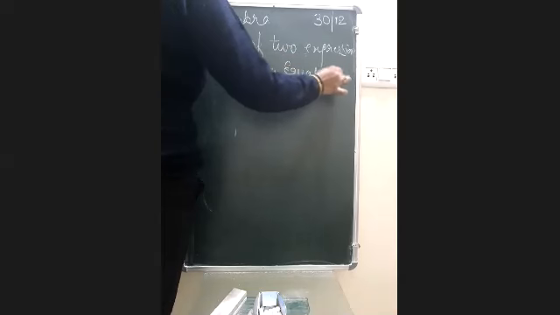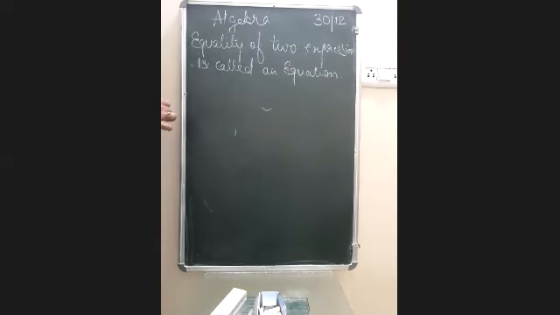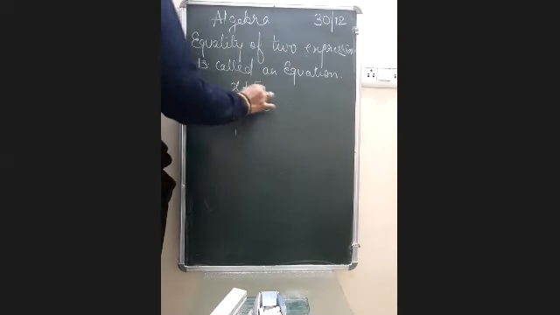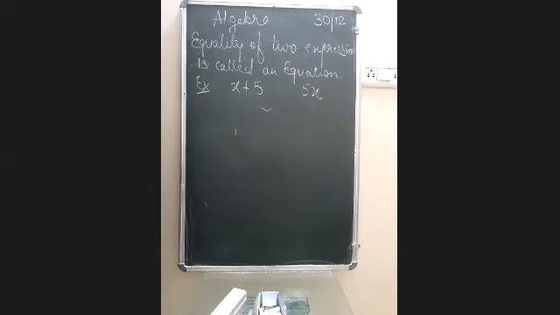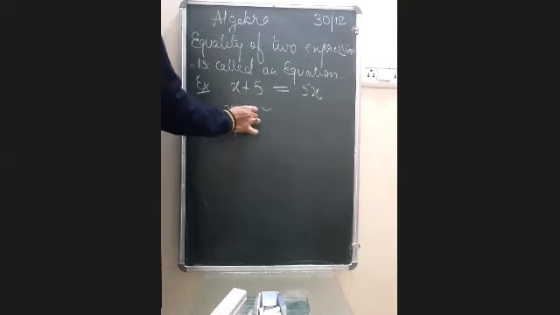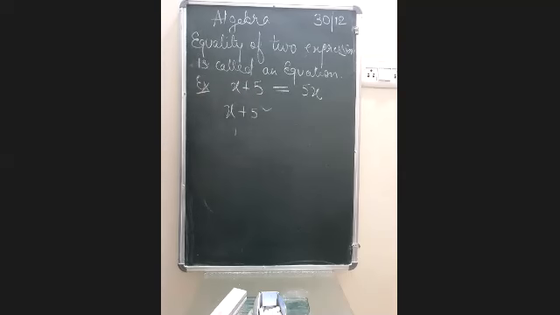Now I am explaining how. For example, if I write x plus 5, this is an expression. Another expression is 5x. Now if I tell that they are equal, then this becomes an equation. But this may be wrong; I am just giving you an example.